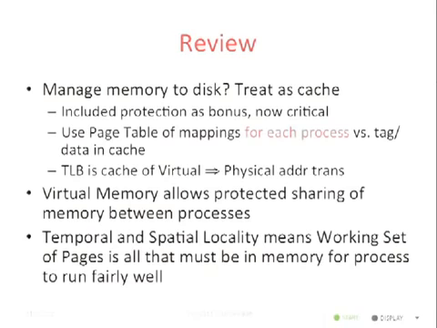The idea is that there's some portion of the memory, called a working set, which is the stuff that your program needs for a given point in time. As long as that fits in physical memory, you're going to get decent performance out of your virtual memory system. What I want to do now, just to finish up this topic, is talk a little bit more about the performance impacts of this mapping and TLBs.